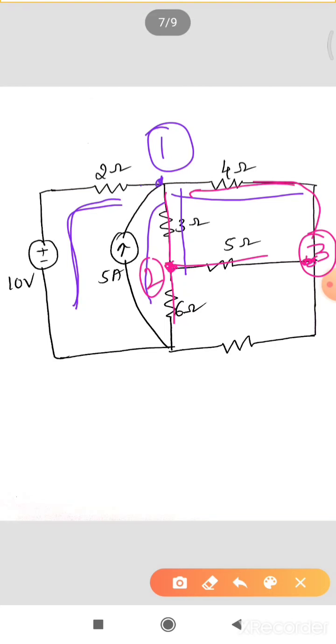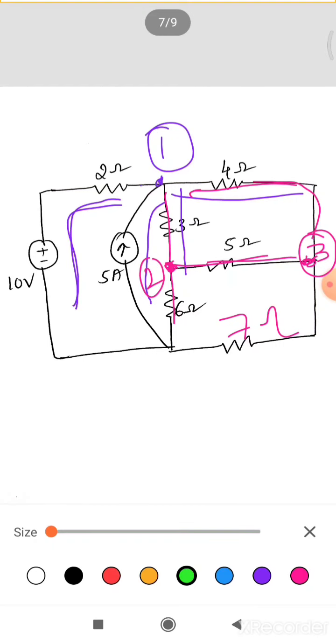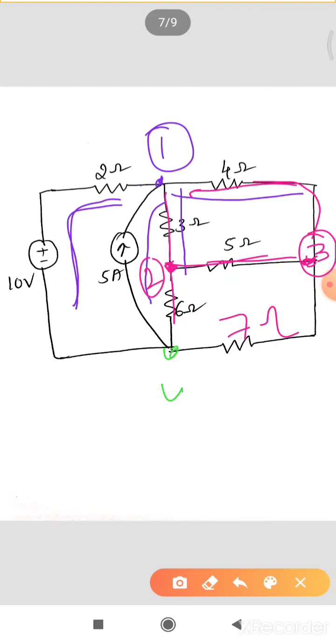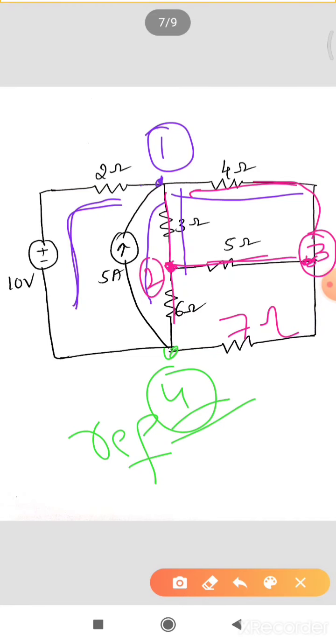For the third node also, 4 ohm, 5 ohm and 7 ohm resistances are connected. And then last, this one we'll take as the fourth node, and we'll take this as the reference node. For this fourth node we have the 6 ohm resistance and 7 ohm resistance branches.